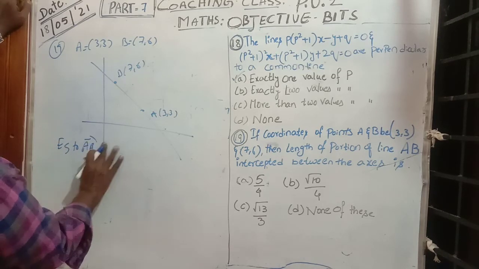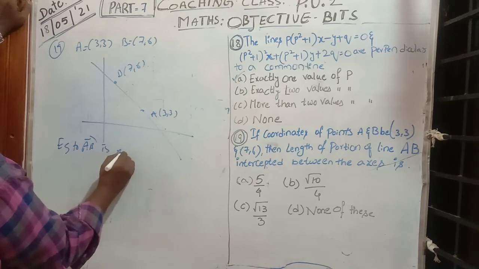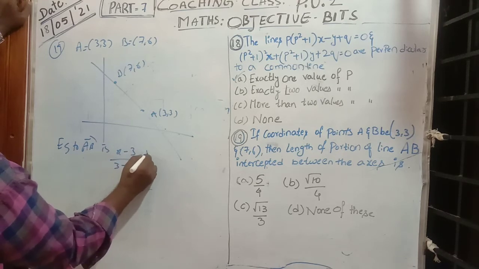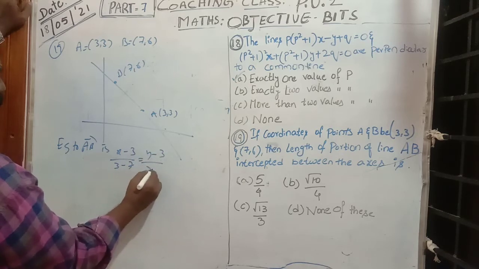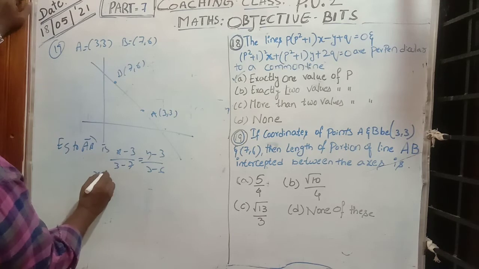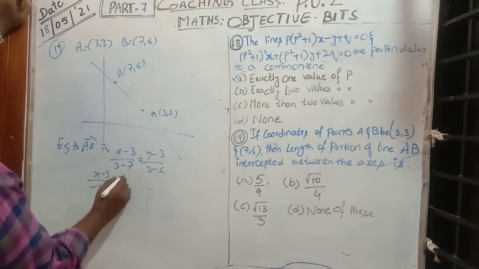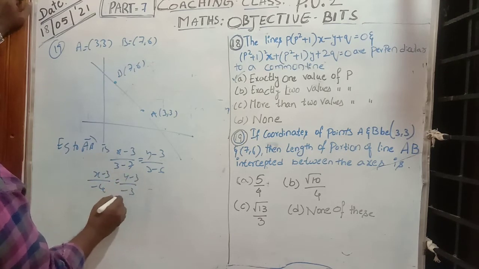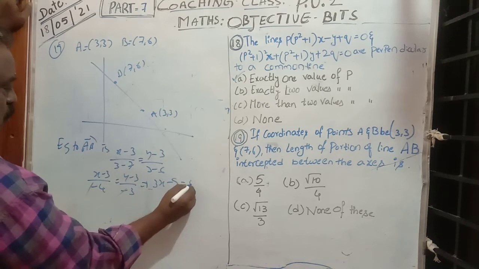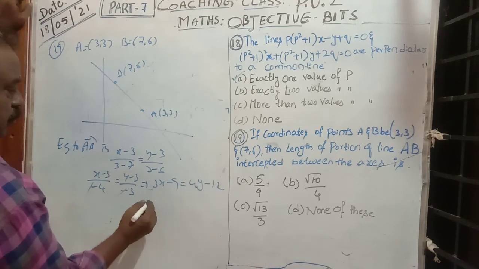It is x minus x1 by x1 minus x2 equals y minus y1 by y1 minus y2. Will you agree? X minus 3 by 3 minus 7, y minus 3 by 3 minus 6. X minus 3 by minus 4 is equal to y minus 3 by minus 3. Minus minus cancels. It is 3x minus 9 is equal to 4y minus 12.